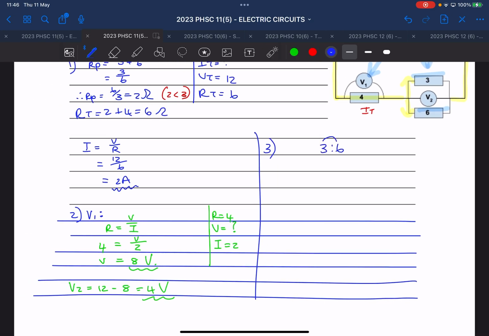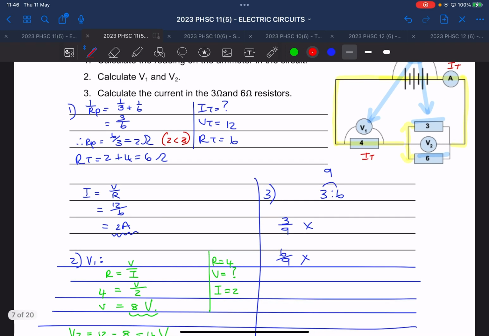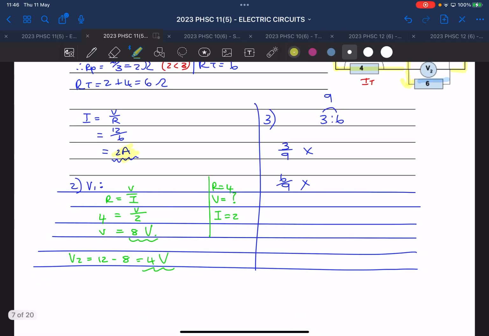Together they give us 9. So we have 3 over 9 and we have 6 over 9. Of what? They ask of the current. So we need to look at the total current that we got to be 2. So of 2 and of 2.